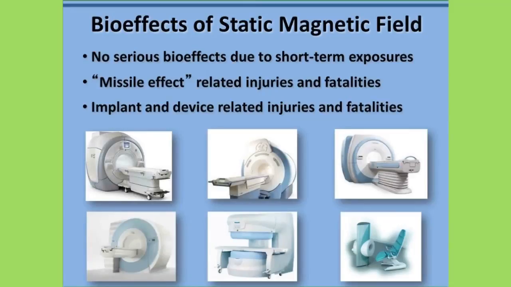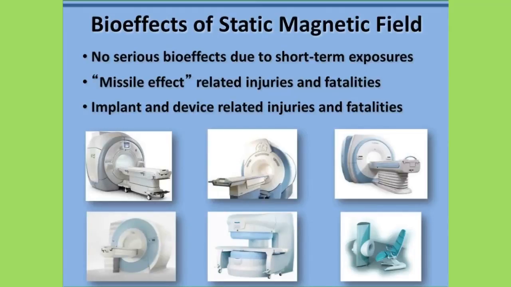However, there have been injuries and a few fatalities associated with MR systems that have mainly occurred due to the accidental introduction of ferromagnetic objects or implants into this setting. For example, large items such as steel oxygen tanks and wheelchairs have caused serious injuries and at least one fatality in the MRI setting.